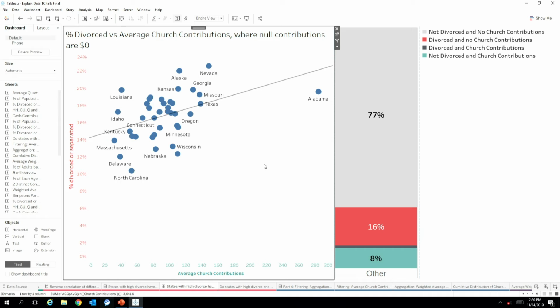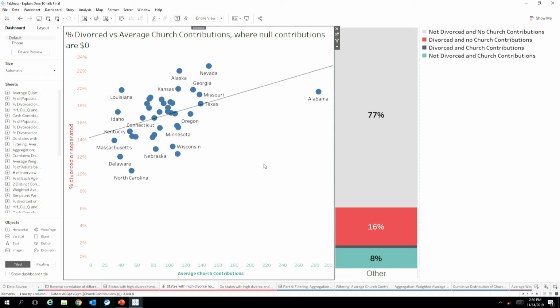And in this case, if you were to Google why is divorce so high in religious states, one explanation is that people who go to church have the lowest divorce rate, whereas people who identify as religious but don't go to church have the highest divorce rate, and atheists are somewhere in the middle.